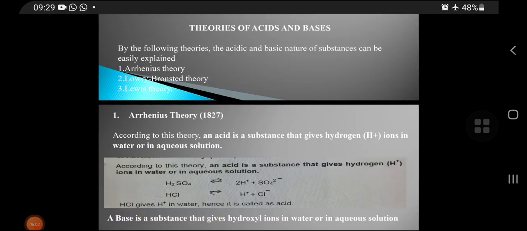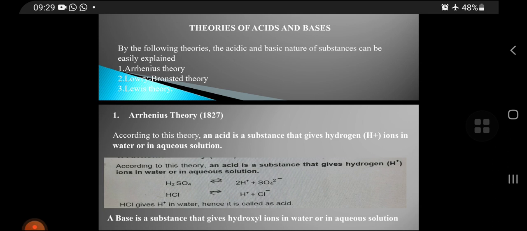Next, we are going to talk about the theories used in the acid-base concept. The main three classifications are going on.